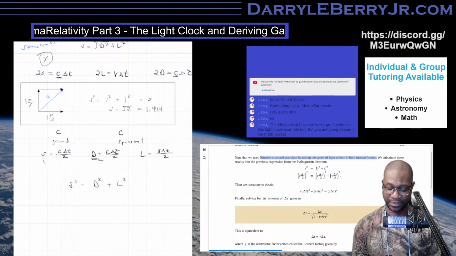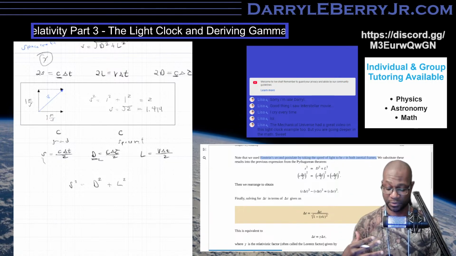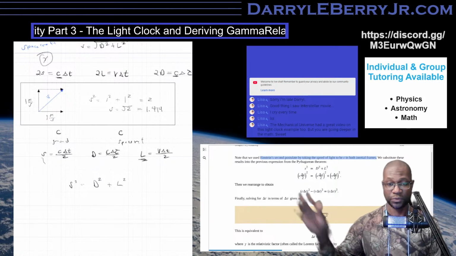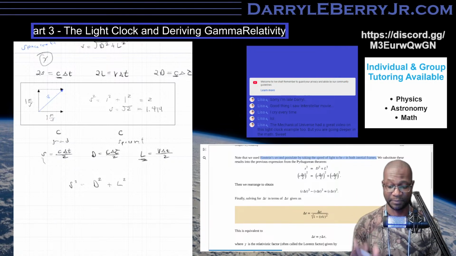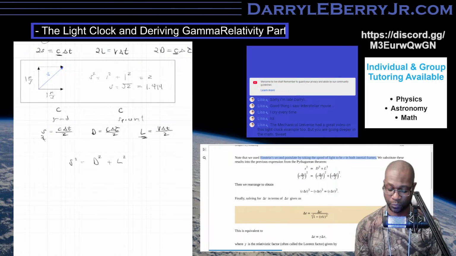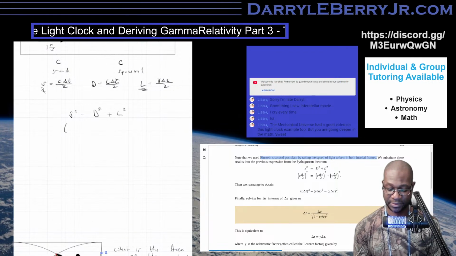This is the distance the light takes on the spacecraft with the time of the person on the spacecraft, and this is the distance that the spacecraft travels from the perspective of the time of the person on the ground. Right, so we have two ground times and one spacecraft time. So now we're going to plug this in.